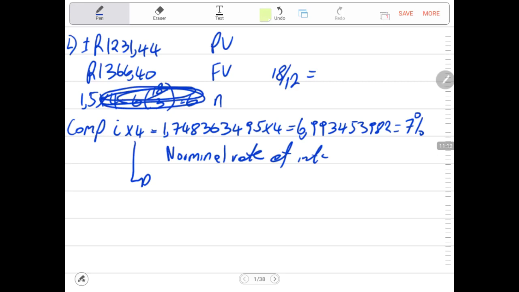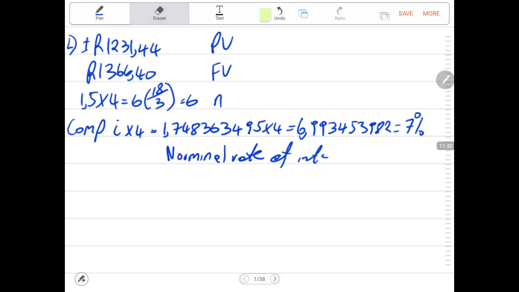But now we're calculating the nominal rate of interest, which is the one that is compounded per compounding period, which in this case is per quarter. So we have to multiply by the number of quarters in a year, because our N was the number of quarterly compounds in a period of 18 months. I think I'm making myself very clear, because I'm also clarifying some of the things that I said before with regards to the compounding and the calculation of the effective or the nominal rate of interest.